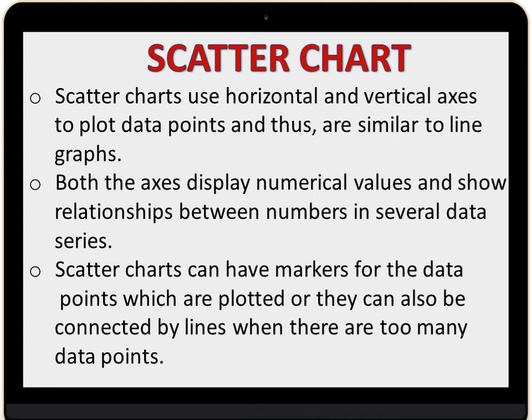Scatter charts can have markers for the data points which are plotted, that means identified, or they can also be connected by lines when there are too many data points. If there are not too many points, they may not be connected with lines; they will just be displayed as plotted dots, that is plot data points.